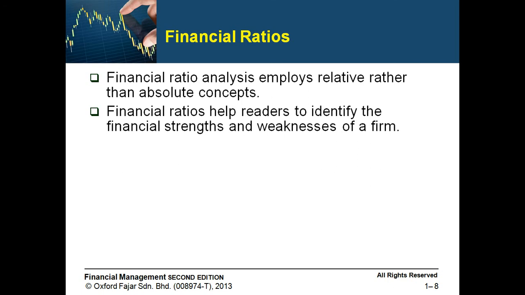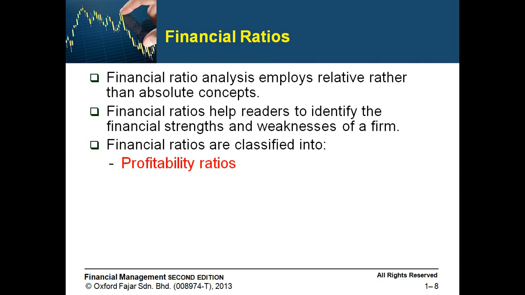We have five types of ratios. These are the types of ratio that we need to measure. If you want to analyze the company, what type of analysis do you need? First, you need to know profitability ratios. Most investors find income accounting information very important.